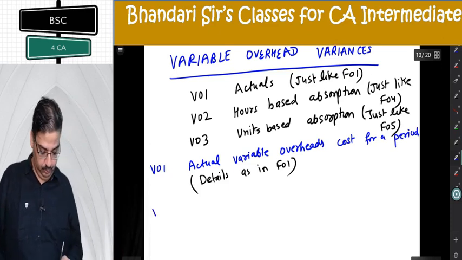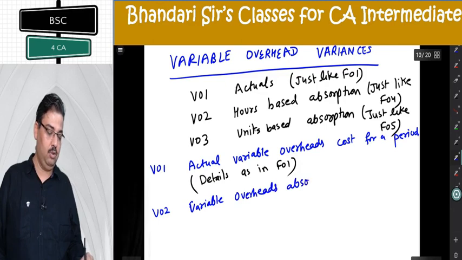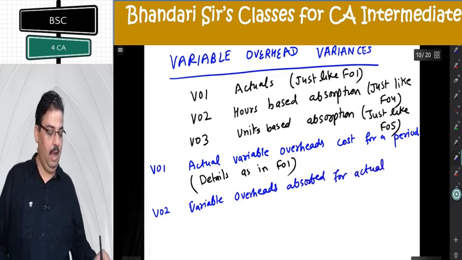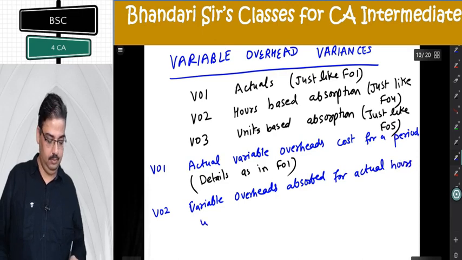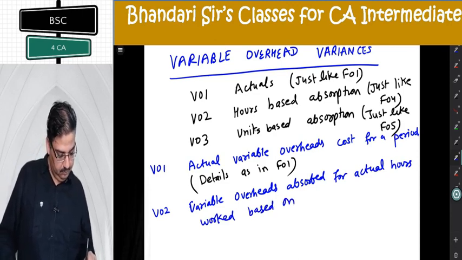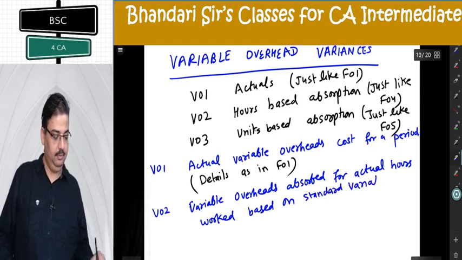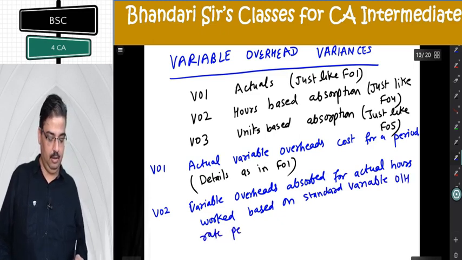VO2: variable overheads absorbed for actual hours worked based on standard variable overhead rate per hour.